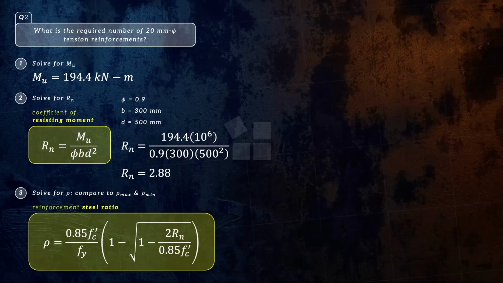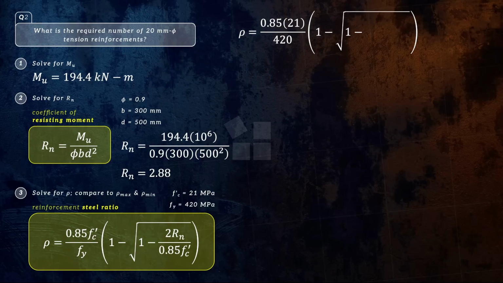Using this formula, we will have rho equal to 0.85 of f'c, which is given as 21 megapascals from our situation, over fy, which is also given in our situation being 420 megapascals, times the quantity 1 minus square root of 1 minus 2 Rn, which we just solved a while ago being 2.88, over 0.85 of f'c, which is still 21. Solving for rho, we will get a value approximately equal to 0.00753.